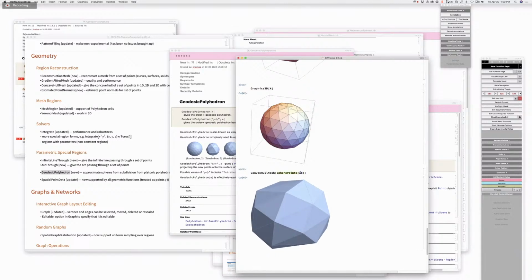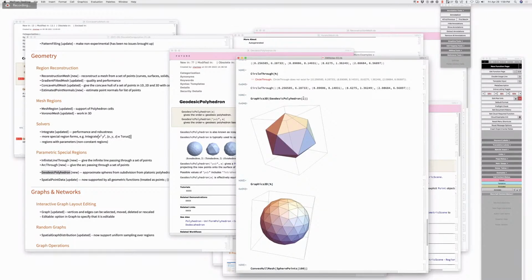That's cool. Okay, so this is 100-faced. It's interesting to compare that with this. And by the way, this should be both an example in sphere points and an example, I think, in convex hull mesh. Good idea. But in this case, I'm just trying to understand what the subdivision number means here. Is this one subdivision?